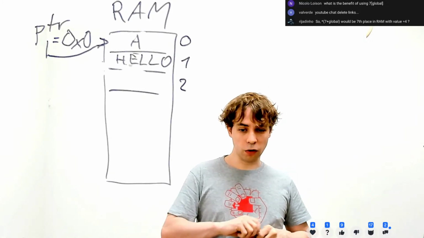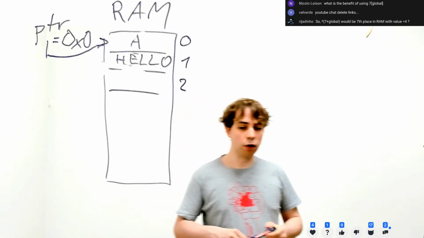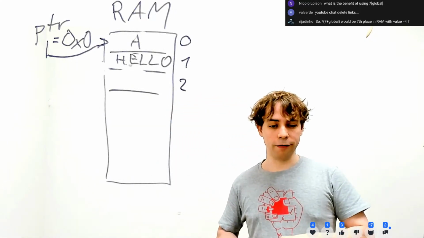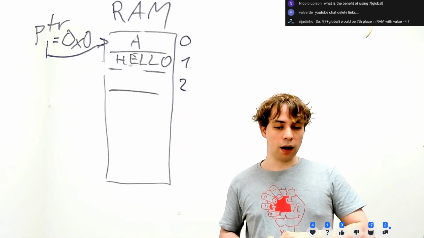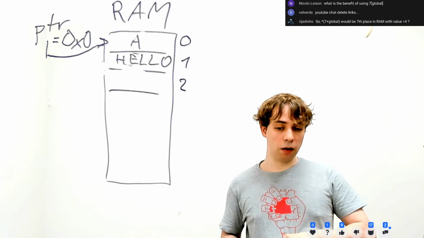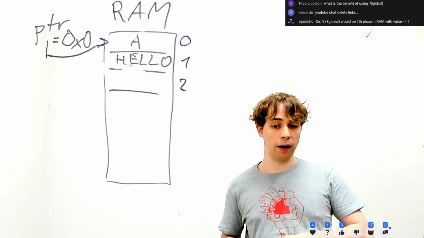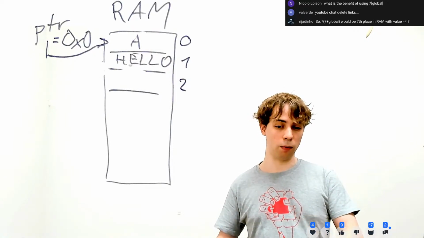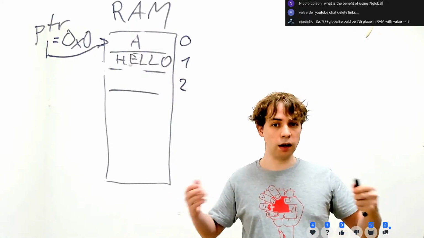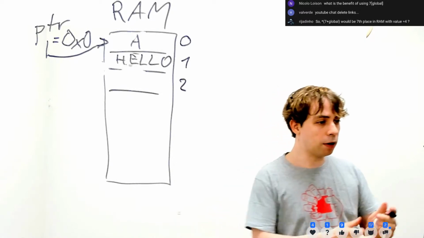So the question in the YouTube chat is: 7 plus global would be the 7th place in RAM with value equals 4? No, you add together the address of the global variable and 7. So you're adding global plus 7, and then dereferencing that location. Let me maybe illustrate that.